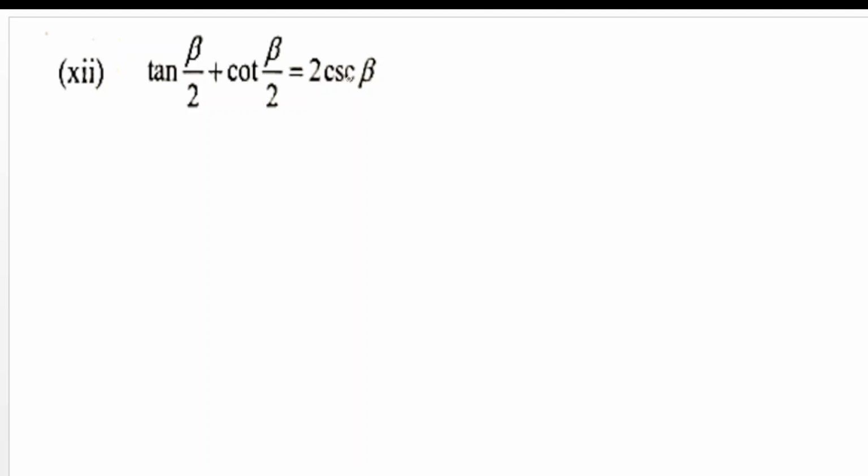Here at this side, when you see this, this is half angle beta by 2 and here this is also half angle. So let's solve this question. Let's see the solution. We need to take the left hand side here.